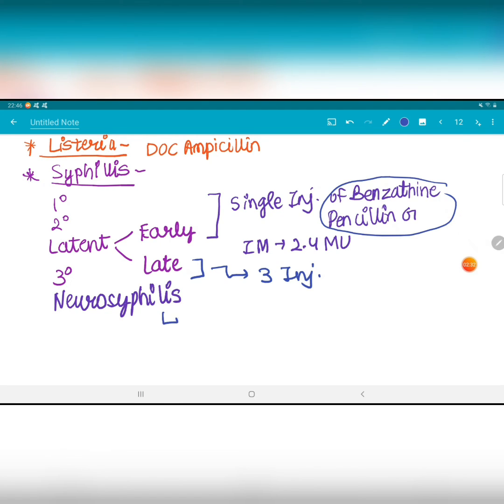In neurosyphilis, aqueous or crystalline penicillin G is the drug of choice, and procaine penicillin G can also be used for treatment.